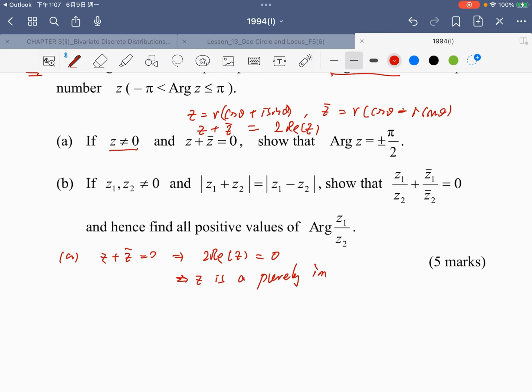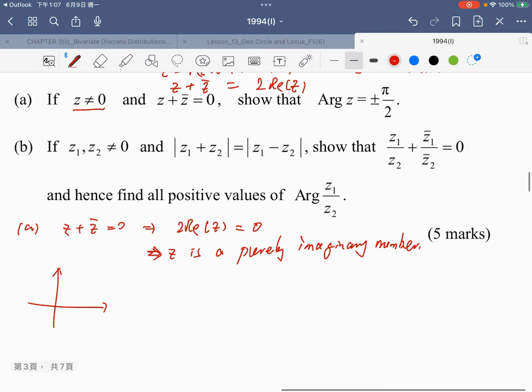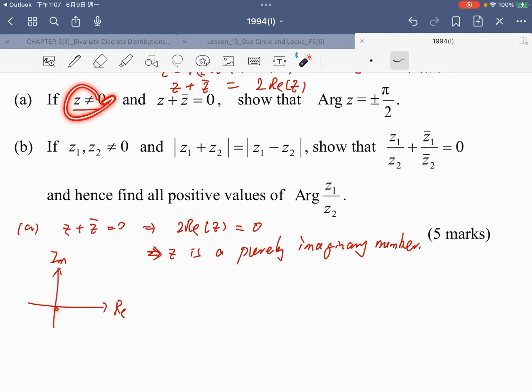imaginary number. That is for the Argand diagram. This real part, this imaginary part, and that purely imaginary, that complex number is non-zero. That is either this one or this one.